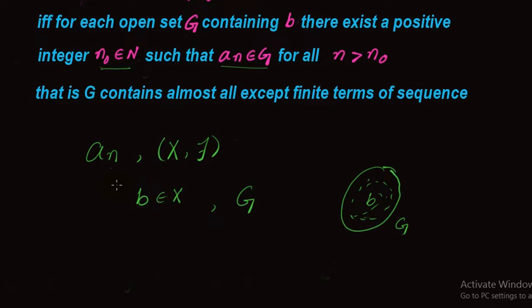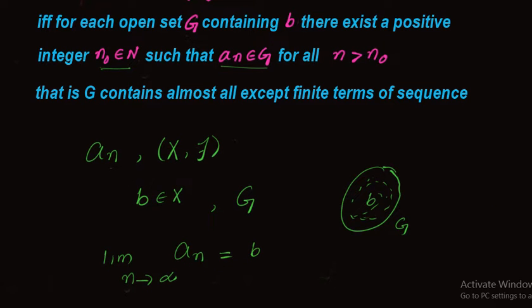If every open set contains infinitely many terms of this sequence an, then we say that this point b is the limit of the sequence an, and mathematically we write it as limit n approaches infinity an equal to b.